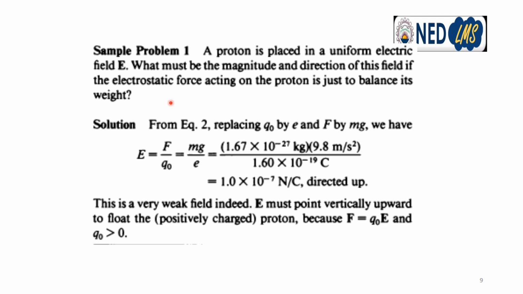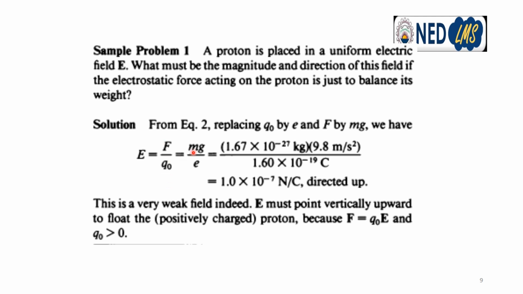So what will you do? We will replace Q naught by the charge of the proton, because we know the proton is in use. The charge of the proton is 1.6 exponent minus 19. So electric field will be equal to F over Q naught.